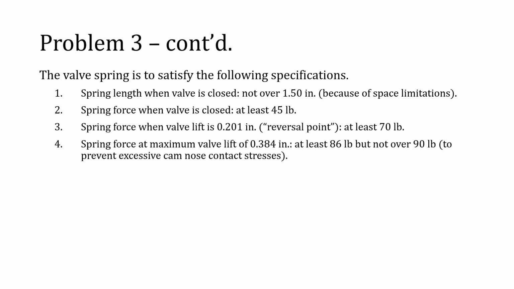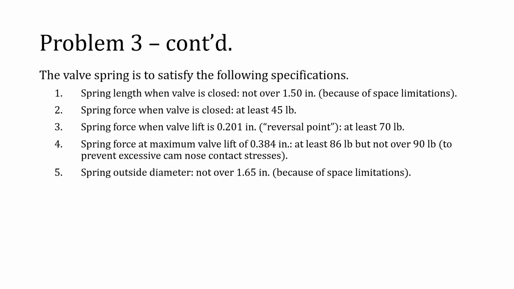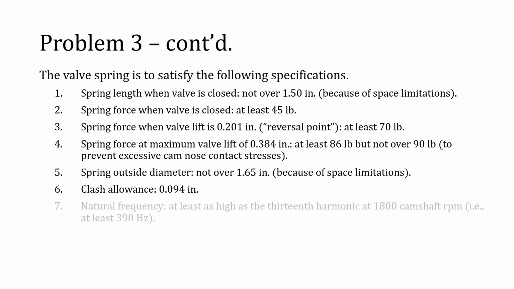And this is to prevent excessive cam nose contact stresses. 5, our spring outside diameter can't be over 1.65 inches, once again due to space limitations. 6, we have a clash allowance of 0.094 inches.